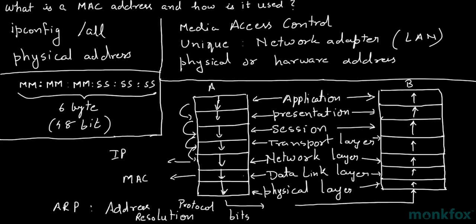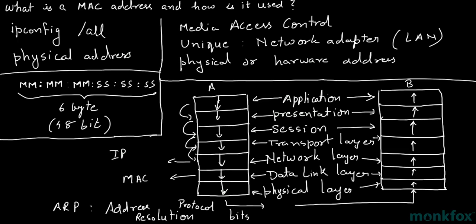The machine which has that IP address responds to the data link layer with its MAC address. That is how the data link layer knows to which Ethernet or network card the data is being sent. The data link layer will receive the MAC address of that machine, wrap the data received from the network layer into another packet, mention the target MAC address, and send the data to that machine.